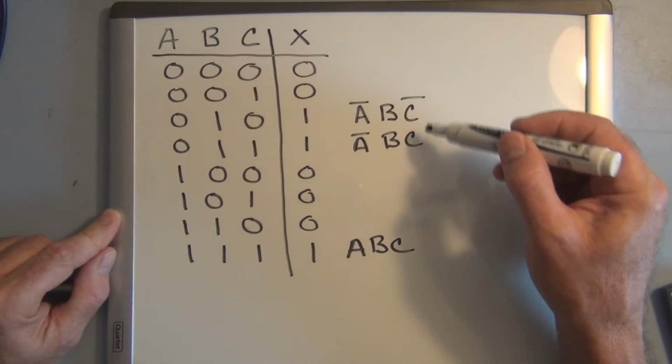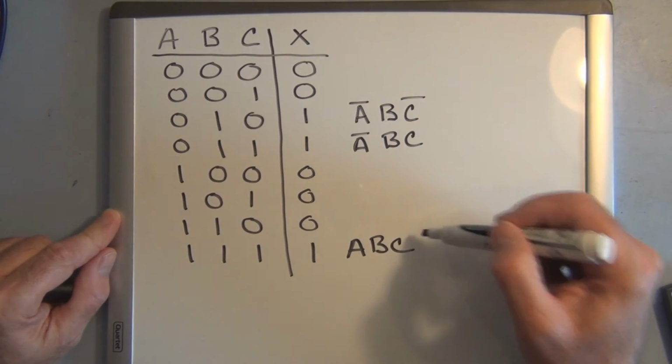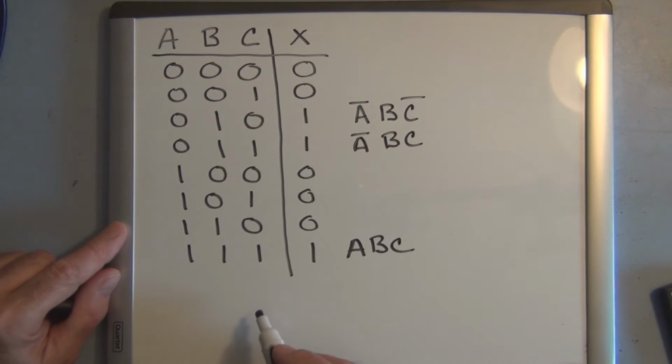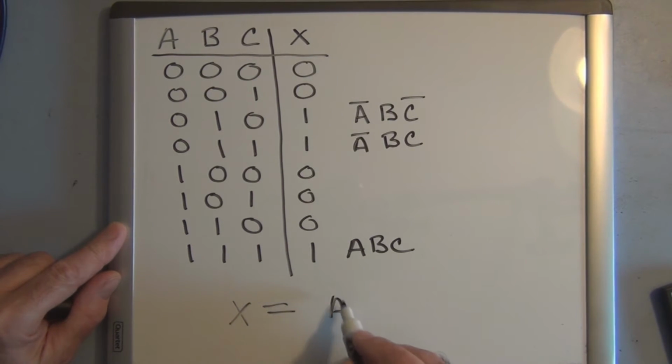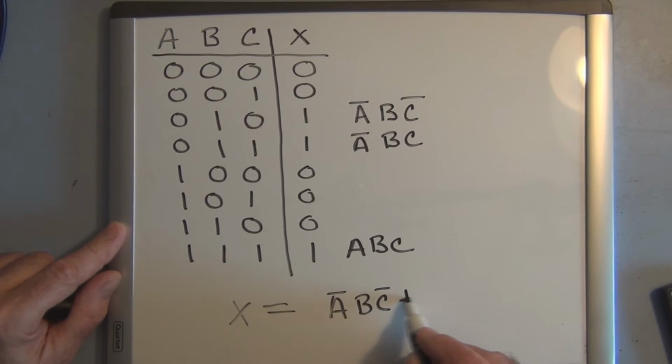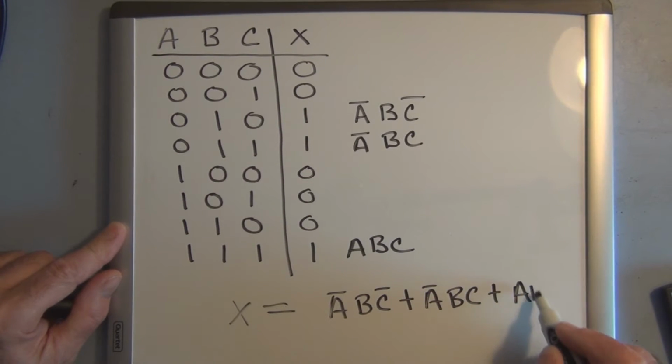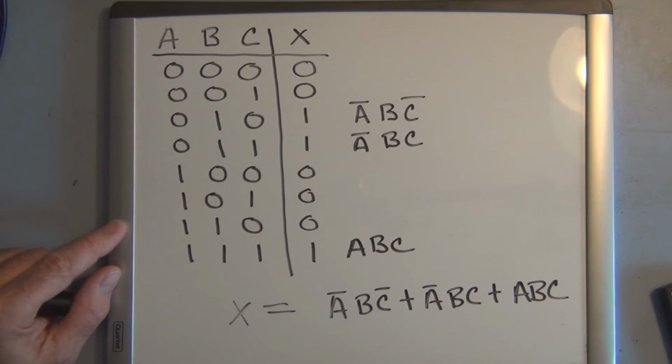Each of these AND terms will then be summed together with an OR gate. So the total output X is then equal to A naught B C naught, ORed together with A naught B C, ORed together with A B C.